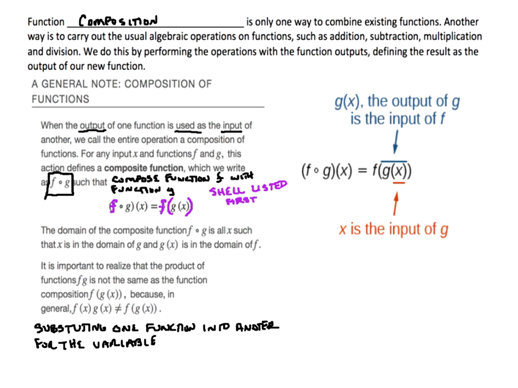And then I have my plug-in function. And by the way, these words I'm using, I made these up. So don't go asking a tutor, what's a shell function? What's a plug-in function? This is a Libby-Gore-ism right here. So whatever function is listed second, that's your plug-in function. And this will make a lot more sense when you actually see this happen here on the next slide.